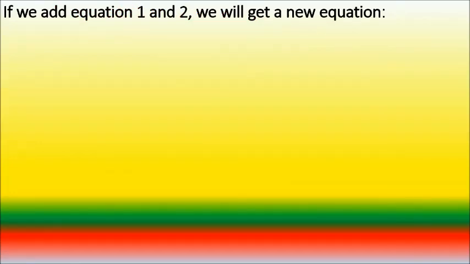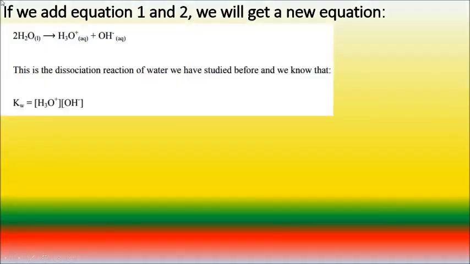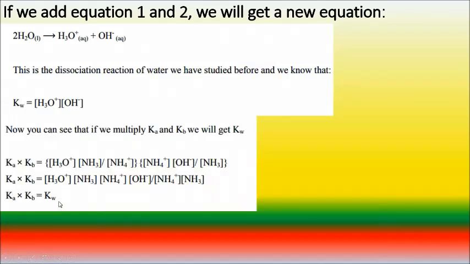If we add equations 1 and 2, we will get a new equation which is 2H2O giving H3O plus and OH minus. And for this, the dissociation reaction of water we have studied before, and we know that Kw is equal to the molar concentration of H3O plus into the molar concentration of OH minus. And now we can see that if we multiply Ka and Kb, we will get Kw. The same expression we get here. Ka and Kb, if we multiply, what do we get?